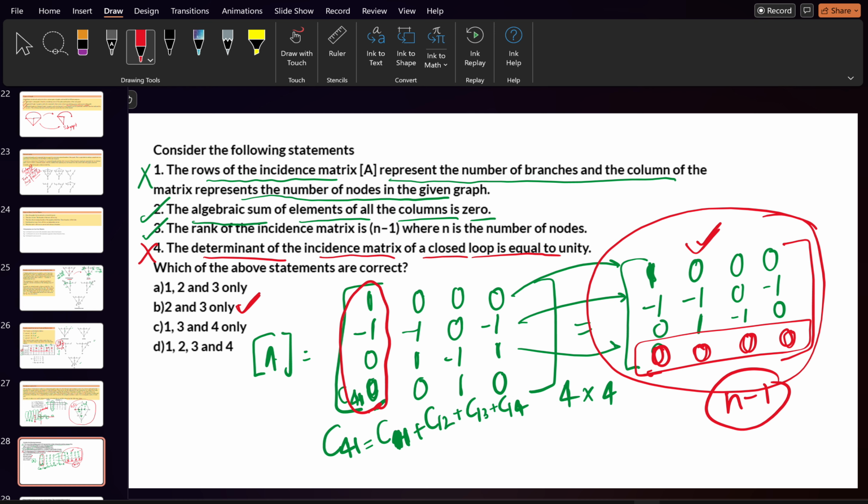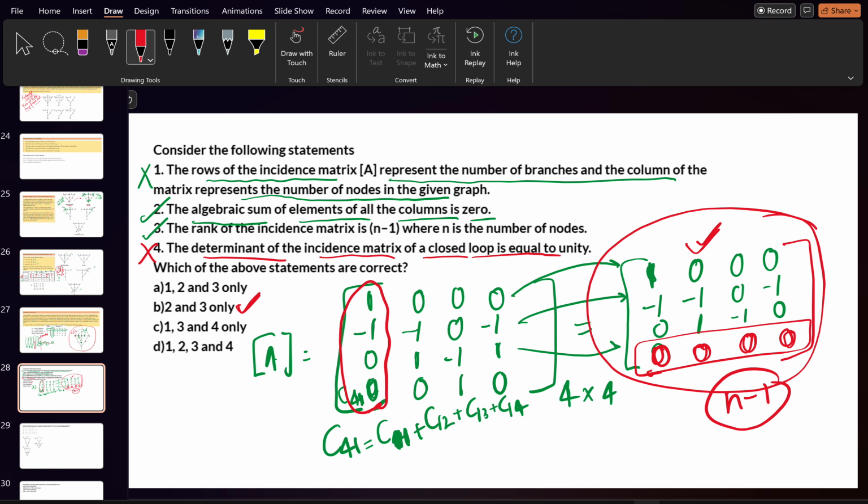Try to solve it at home as well and try to find out whether the column sum is coming exactly equal to 0 or not. Remember this. This is the most important part. If you have any doubt in this, just let me know.